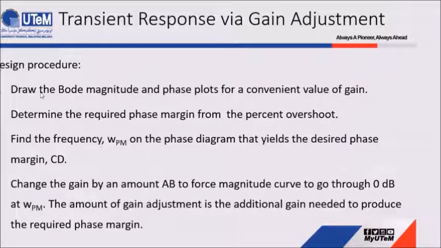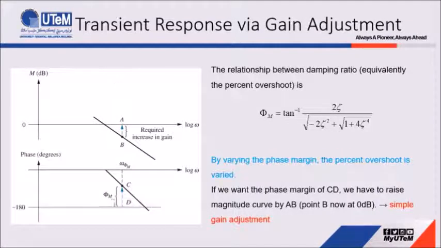This is the procedure for designing the transient response via gain adjustment. First, draw both the magnitude and phase plots for a convenient value of gain. Second, determine the required phase margin from the percent overshoot. Third, find the frequency omega PM on the phase diagram that yields the desired phase margin CD, which refers to this one.